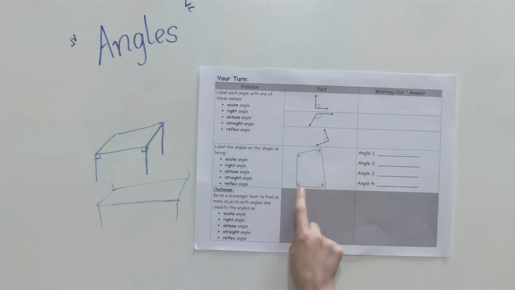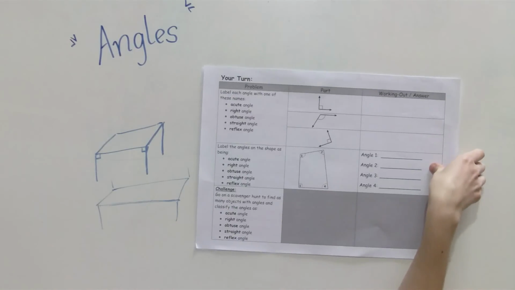Angle 2, angle 3, angle 4. And then challenge, go on a scavenger hunt to find as many objects with angles and classify the angles as acute, right, obtuse, straight, or reflex angles. I'm very excited to see what you can find at home or in the garden or out and about. So please have a go on your homework sheet now and pause the video.